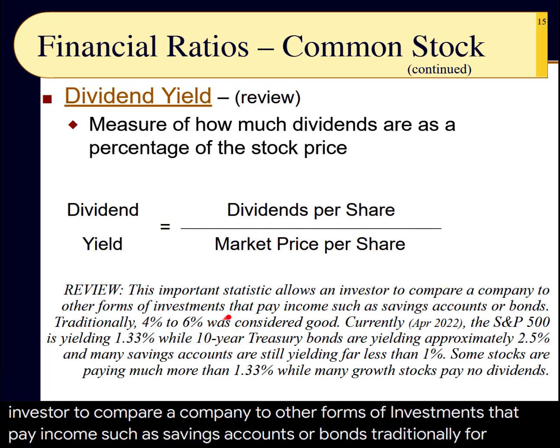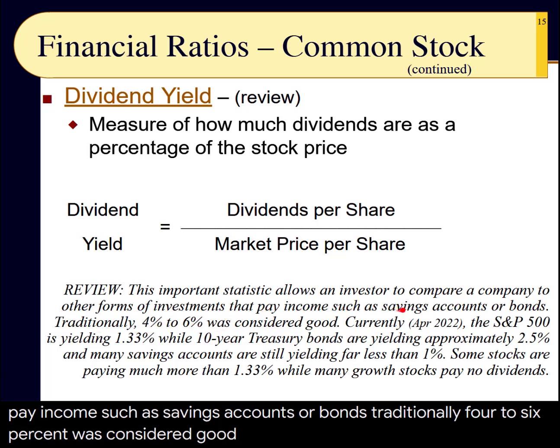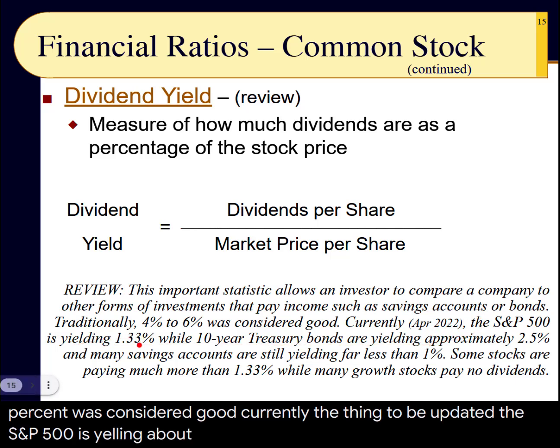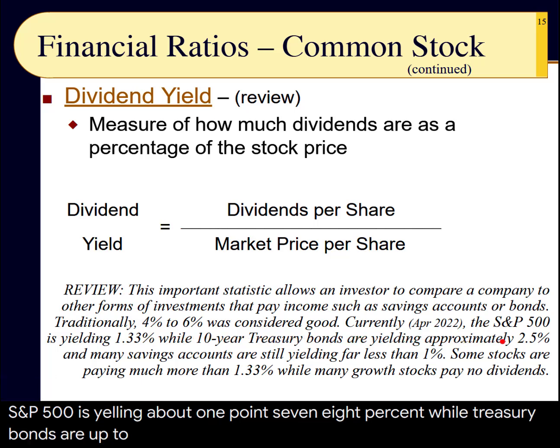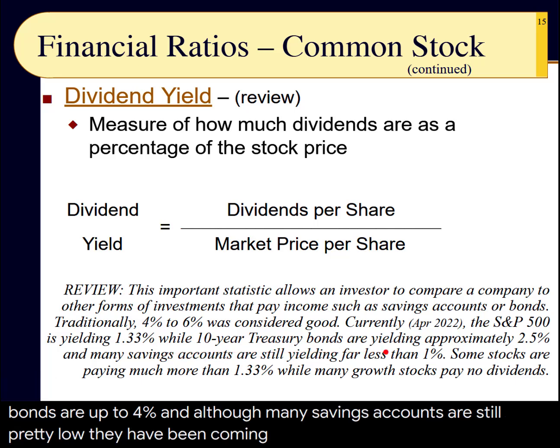Traditionally, 4 to 6% was considered good. Currently, this needs to be updated. The S&P 500 is yielding about 1.78%, while Treasury bonds are up to 4%. And although many savings accounts are still pretty low, they have been coming up. They are paying 2, 3, 4%.